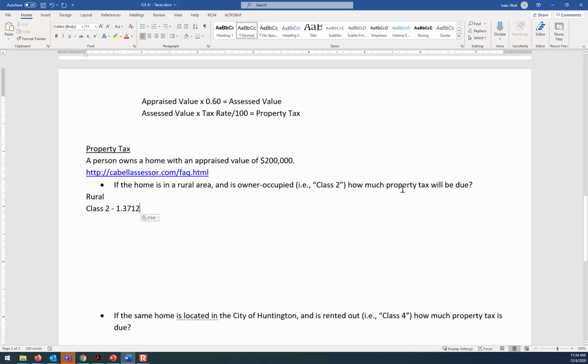How much property tax do you have to pay each year if your home's appraised value is $200,000? Let me pause for a second, let you go through those calculations. You start with this up at the top. So the appraised is $200,000, what is assessed? And then, once you know the assessed, calculate the property tax.